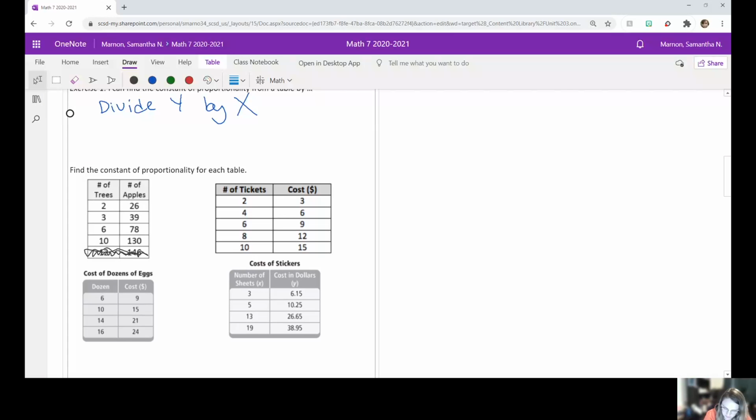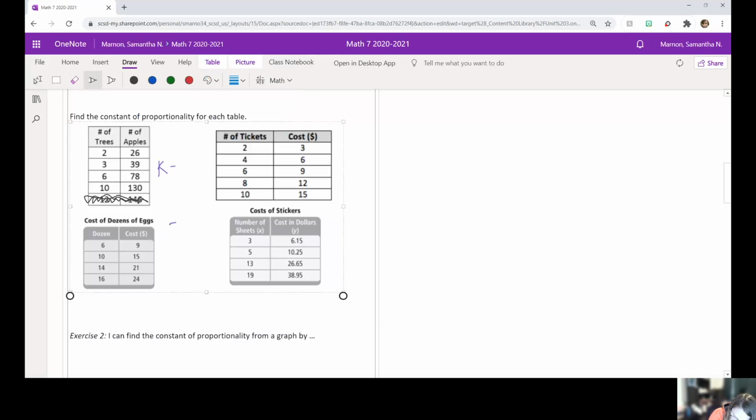We've done these. We decided they were proportional in a previous lesson. So now all we need to do is pick one row, do y divided by x. Here's our x, here's our y. We can do 26 divided by 2. And we're going to get 13. So it's going to be 13 apples per tree.